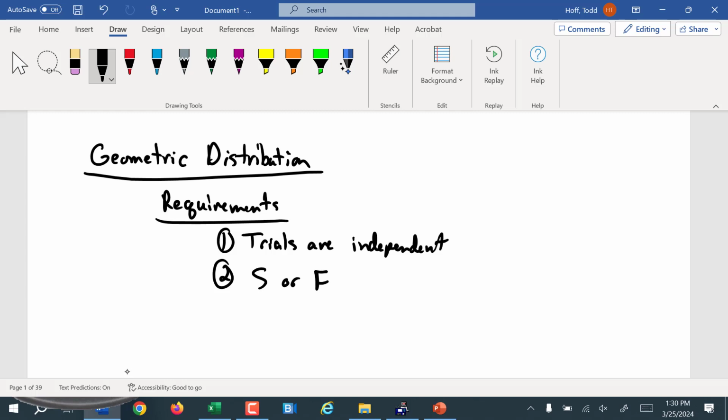And P, which is the probability of success, is constant from one to the next. So the probability of success does not change from one trial to the next.